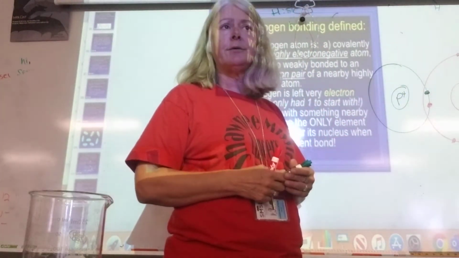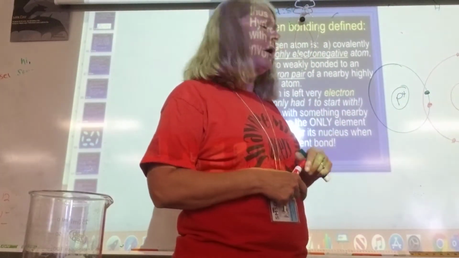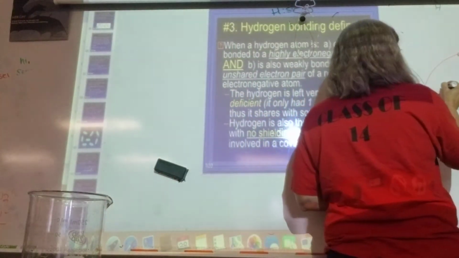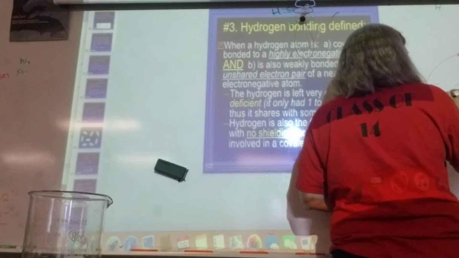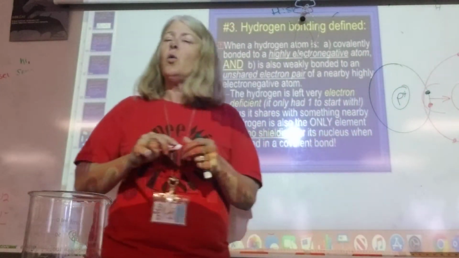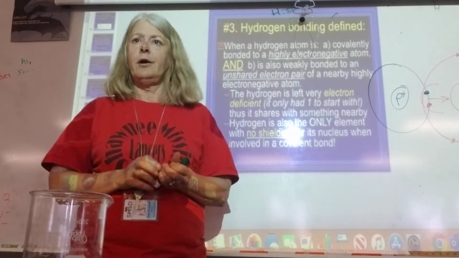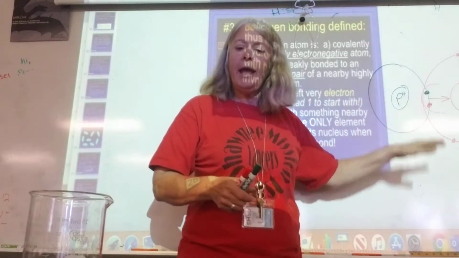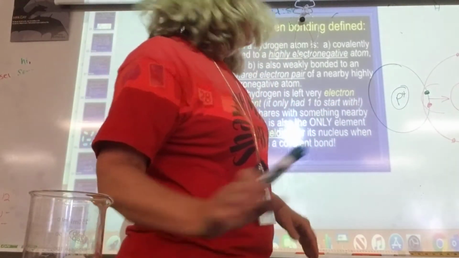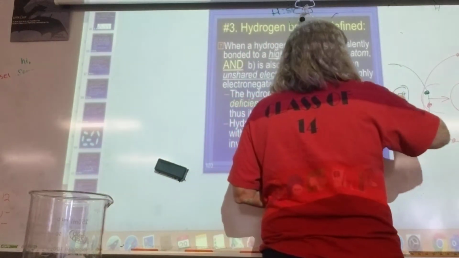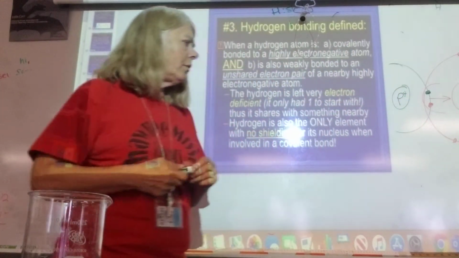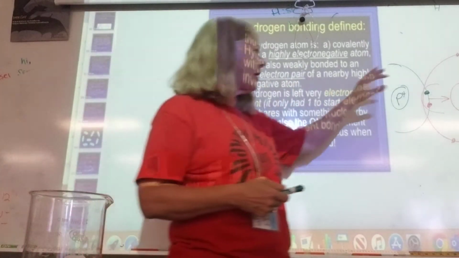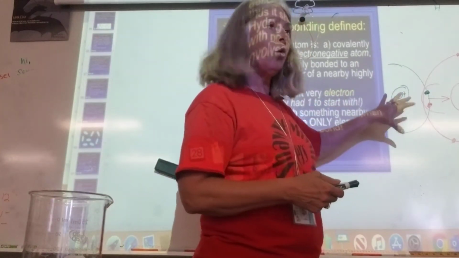Do you agree? Now, fluorine is much more electronegative than hydrogen, so it's going to pull this pair of electrons with much greater vigor than the hydrogen. And when it pulls that, hydrogen's proton is going to basically be exposed because that electron is no longer orbiting the whole thing.